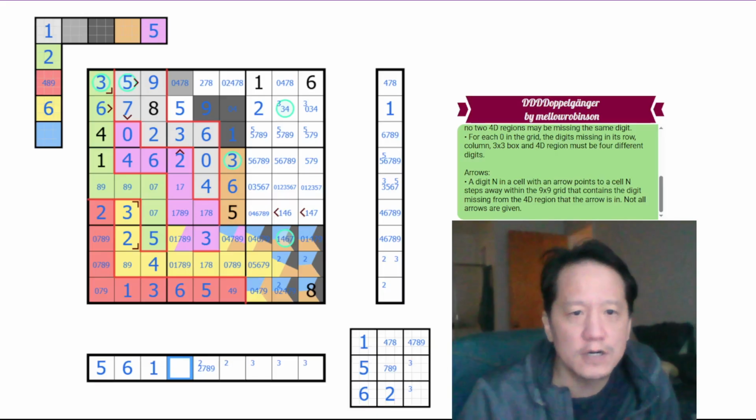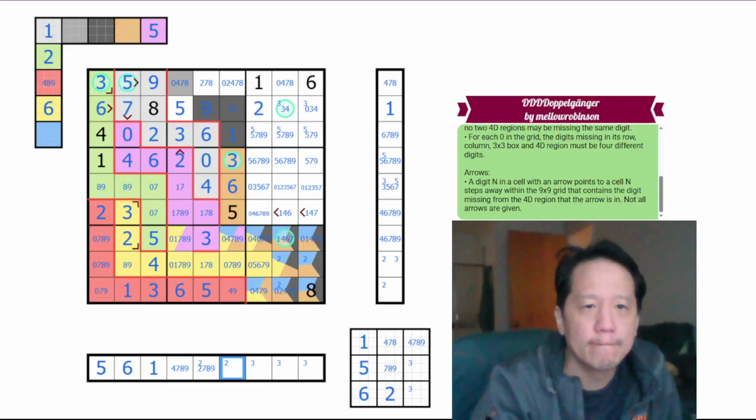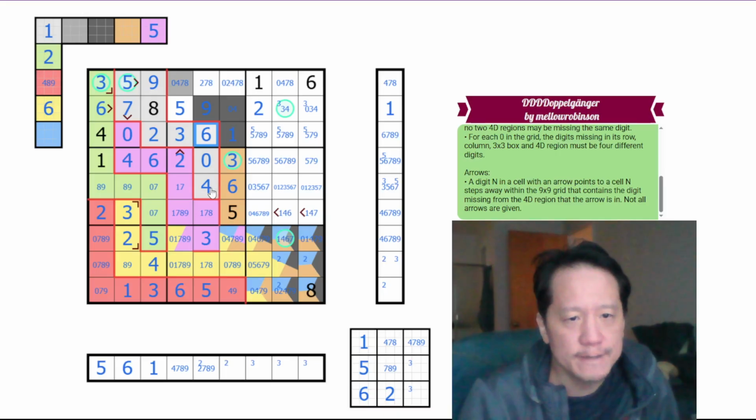Remaining digits in column 4 are, we cannot be missing 1. We could be missing 4, 7, 8, or 9. Okay. Red could still be missing 4, 8, or 9.